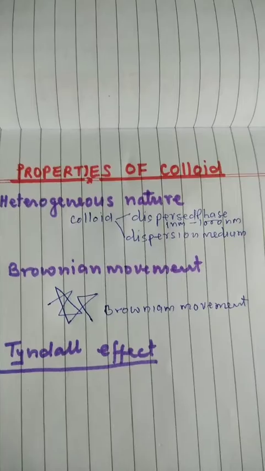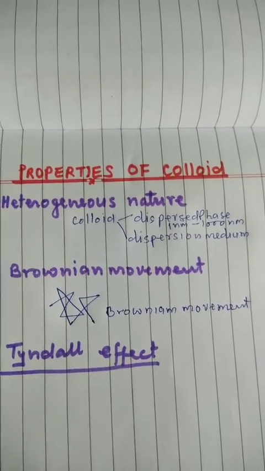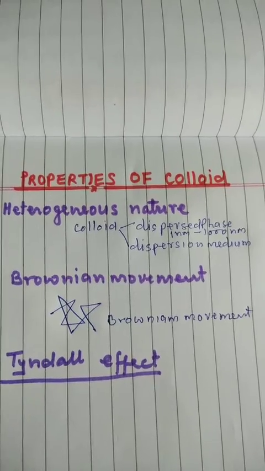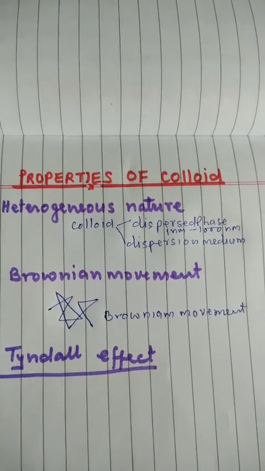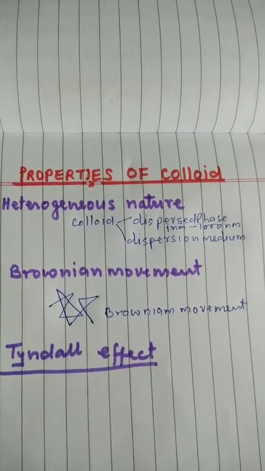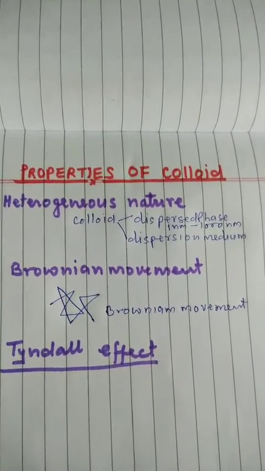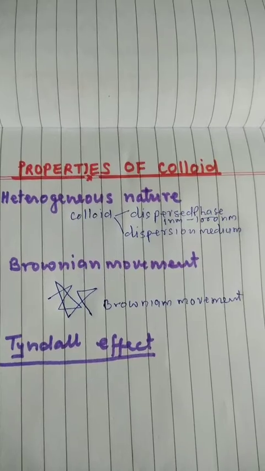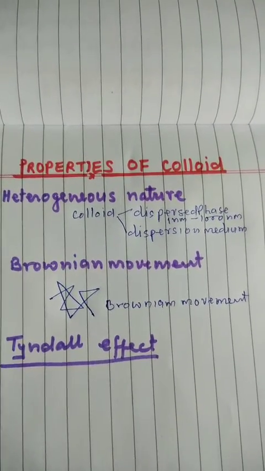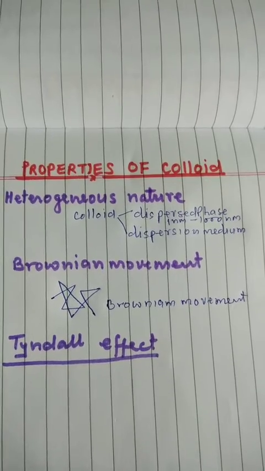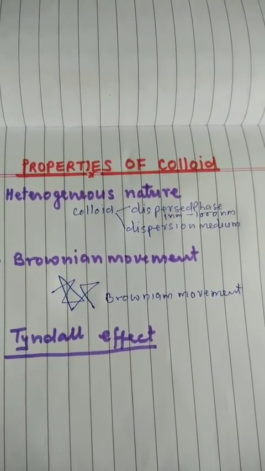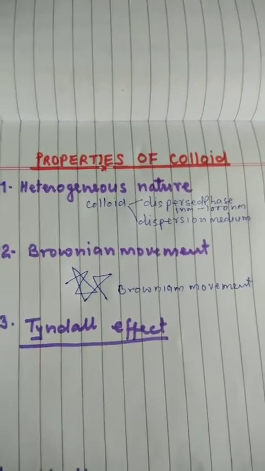So this Brownian motion counterbalances the action of gravity on colloidal particles. They keep on moving in the medium as they are continuously tossed by the medium particles, and this does not allow the colloidal particle to settle down. So this is the importance of Brownian movement, that it is responsible for stabilizing the colloid.